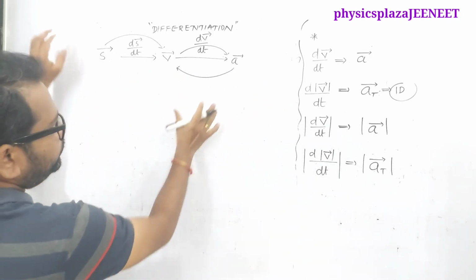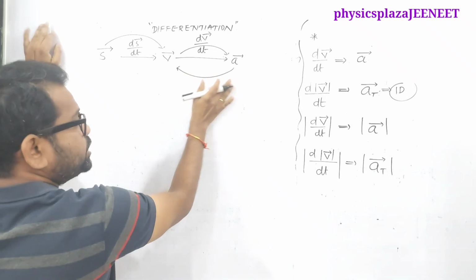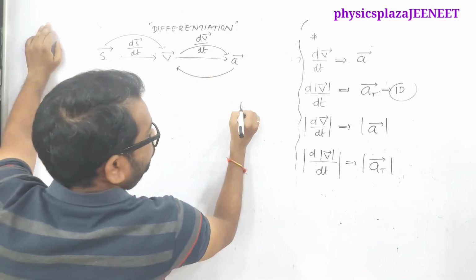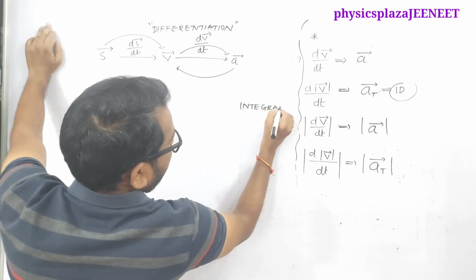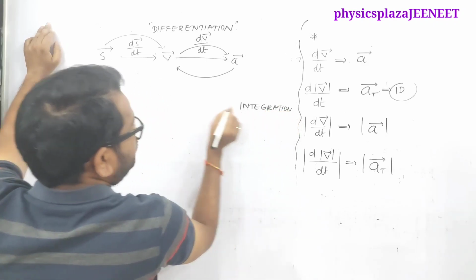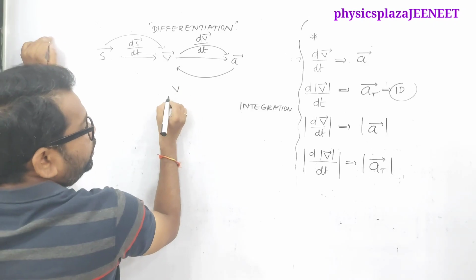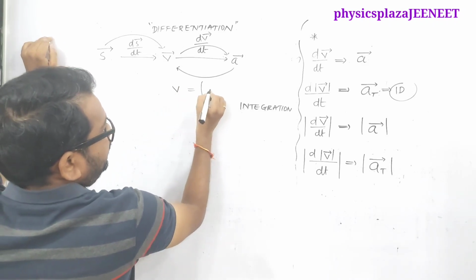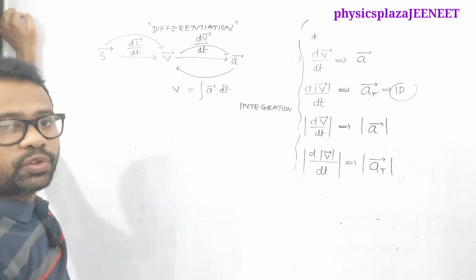Okay, fine. So children, the differentiation concept is there, but from acceleration to velocity, we will follow the integration method. If you want to get the velocity, what should you do?